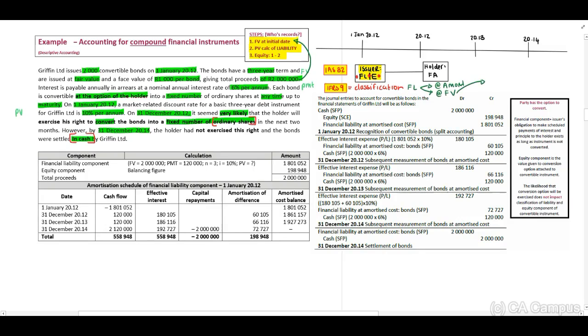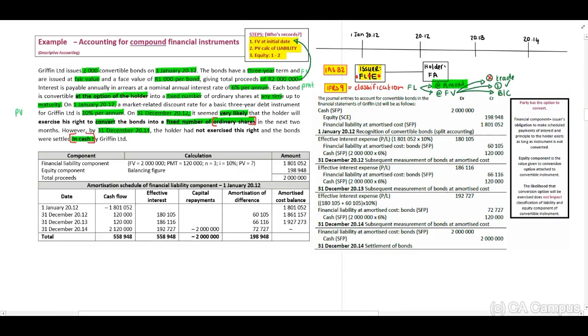Remember, this can be 1, when they are held to trade, 2, when they choose this, or 3, in terms of a business combination. Now guys, this is on your revision page. And we have identified that this will be at amortized cost.